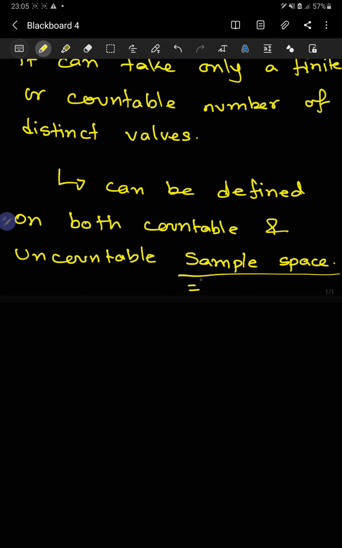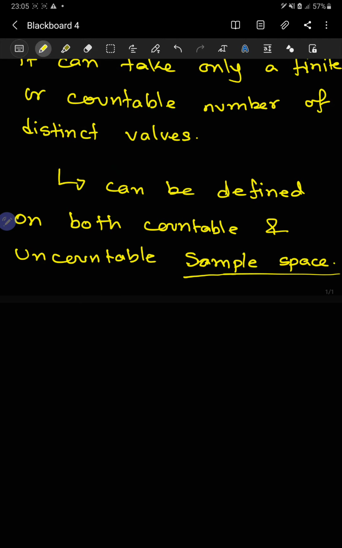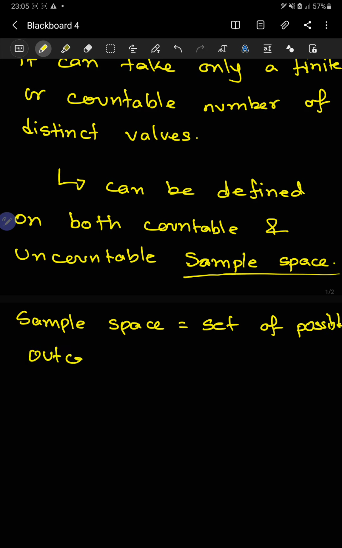So what is a sample space? If you don't remember, sample space is the set of possible outcomes of a random experiment.